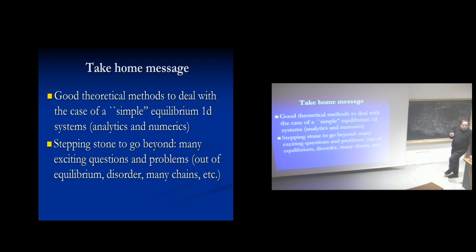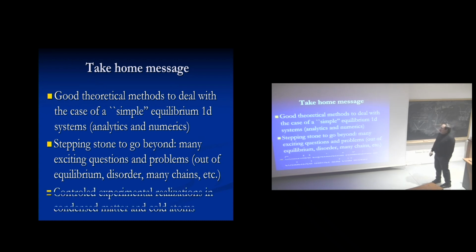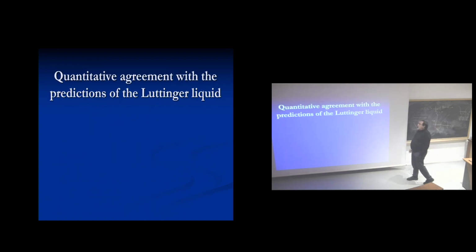And the last lecture, we keep it for real nasty problems and things where there are difficulties. And most importantly, there are very controlled experimental realizations, both in condensed matter and in cold atoms, of Tomonaga-Luttinger liquids. So, again, we have quantitative agreement.